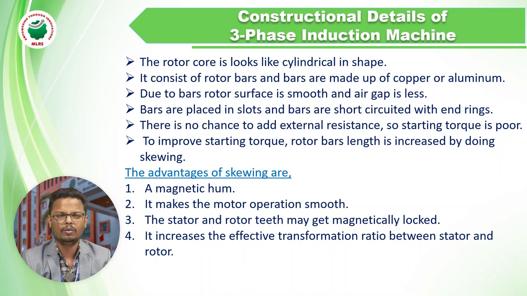Suppose on the stator I change 2 poles into 4 poles, then automatically the rotor's 2 poles will change into a 4 pole system. Whatever changes we make on the stator, there is no need to do them manually on the rotor. It is an automatic process in the squirrel cage induction motor.